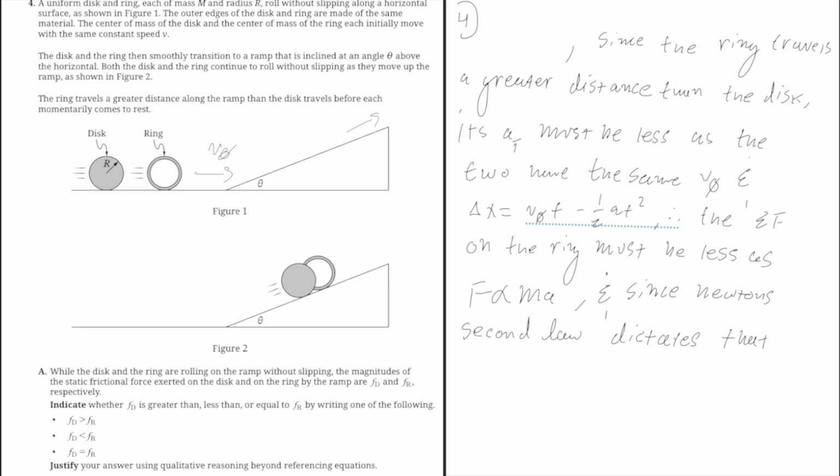So here's V naught, and the acceleration is going to be down the ramp. It dictates that gravity is going to act down the ramp, and friction is going to act up the ramp, so negative mg sine plus F is equal to ma.